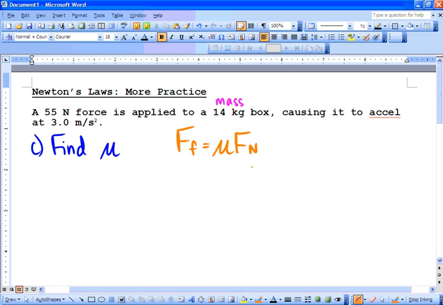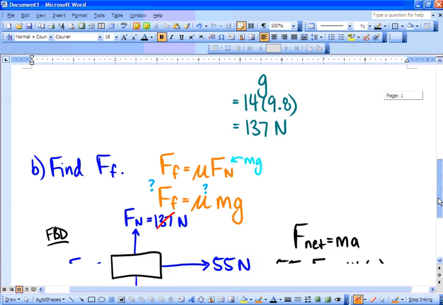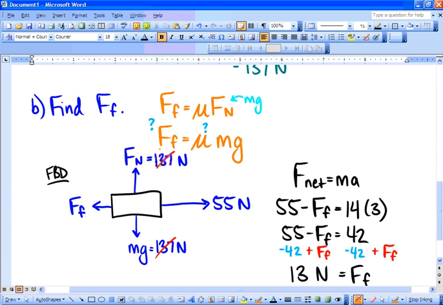Should make life pretty darn easy. So we know from part B that the force of friction was 13 newtons. We are looking for that coefficient of friction and the normal force. We had it down here in the picture. There it is, 137.